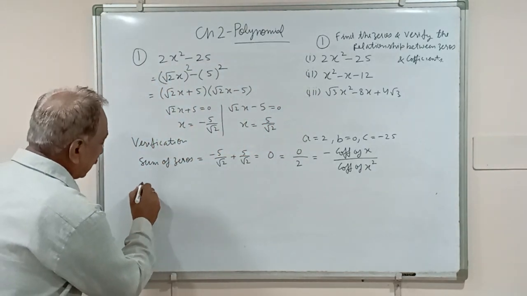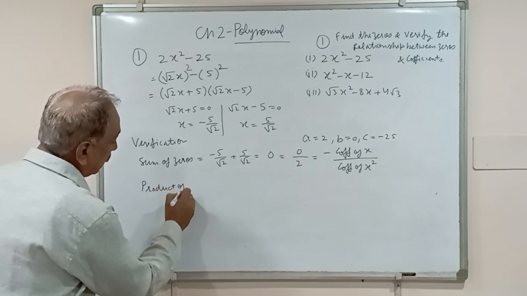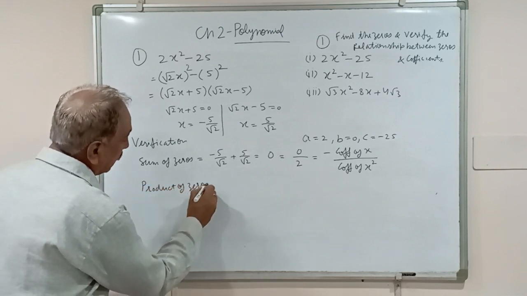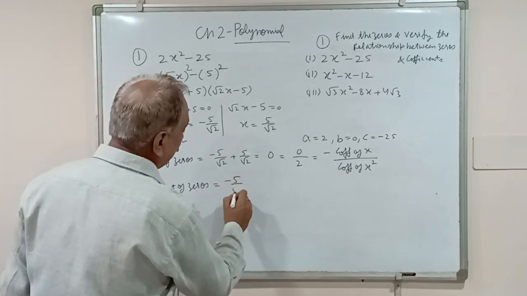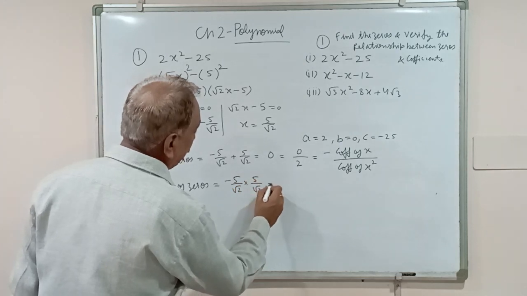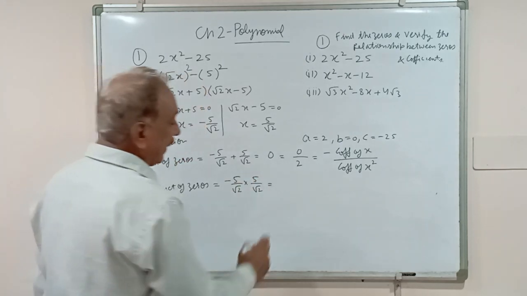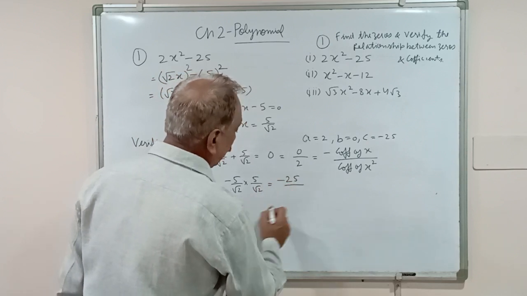Then product of zeros: minus 5 upon root 2 into 5 upon root 2. Minus into plus, minus 5 into 5 is 25, root 2 into root 2 is 2.